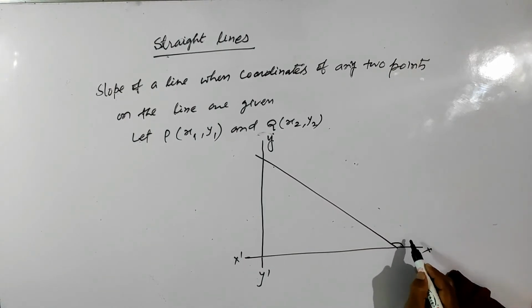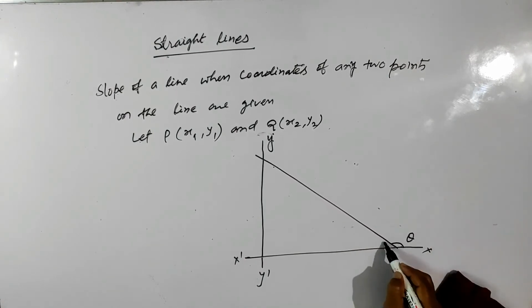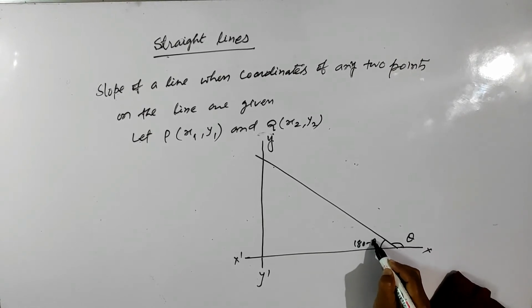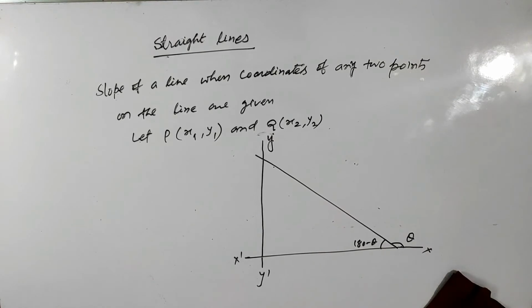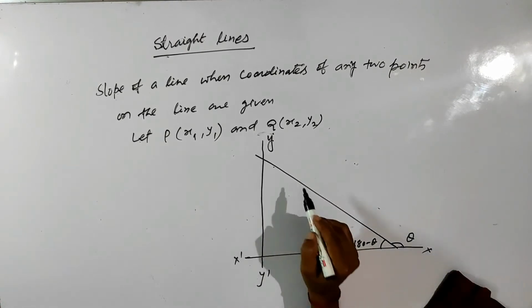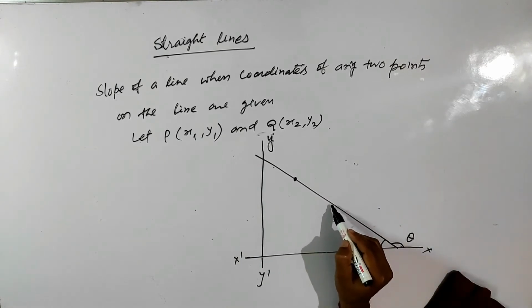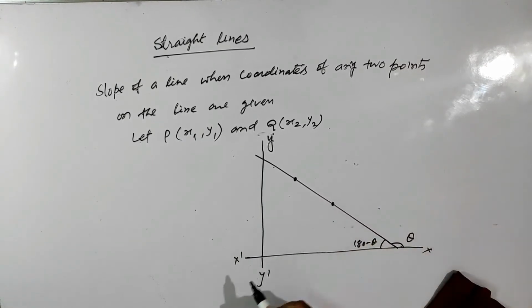Consider this angle as theta, then this will be 180 minus theta. Consider a point here and one point here.